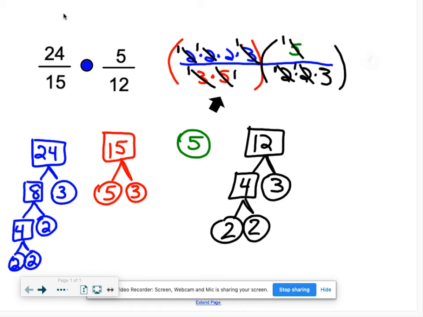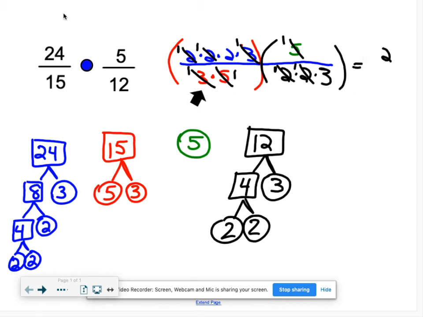Now we multiply. We multiply 1 times 1 times 2 times 1 times 1. All those 1's leave our 2 equal to 2.